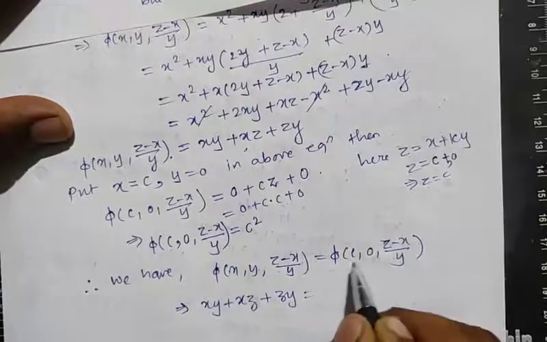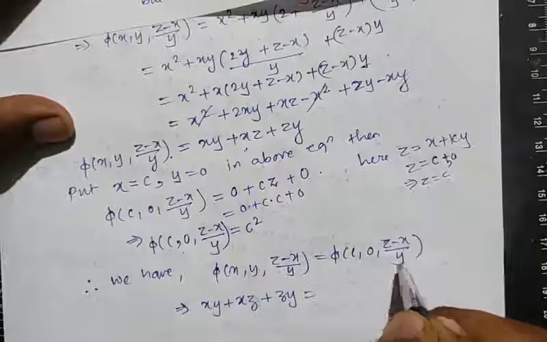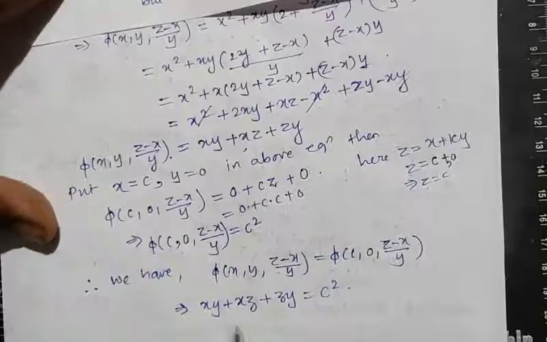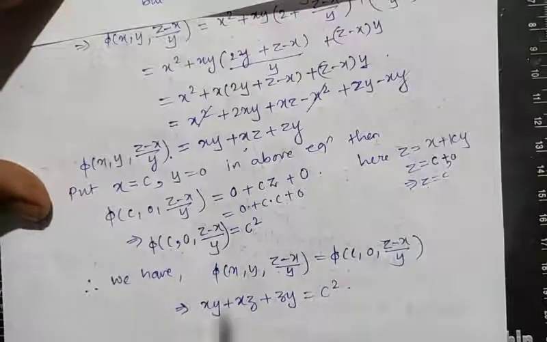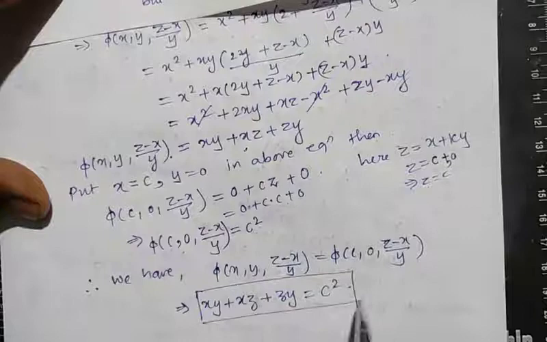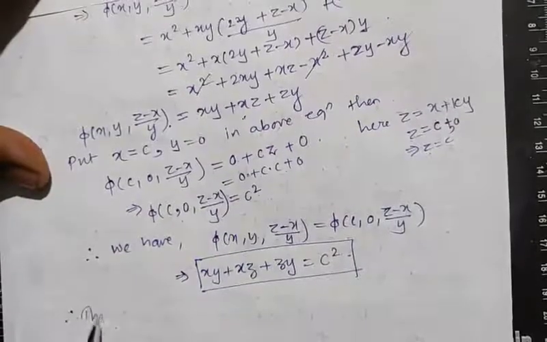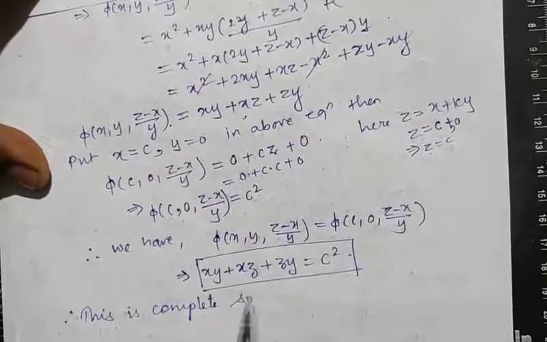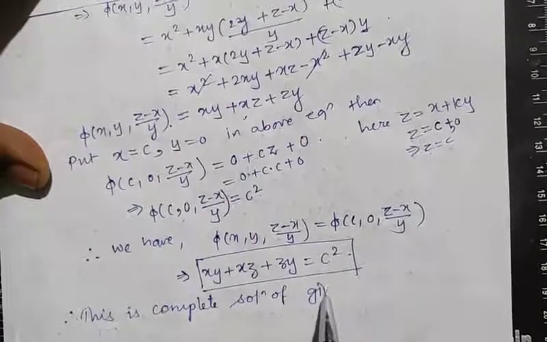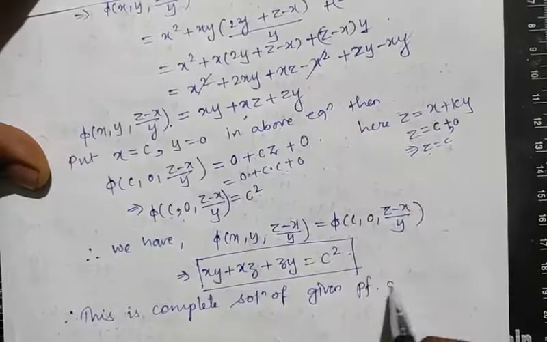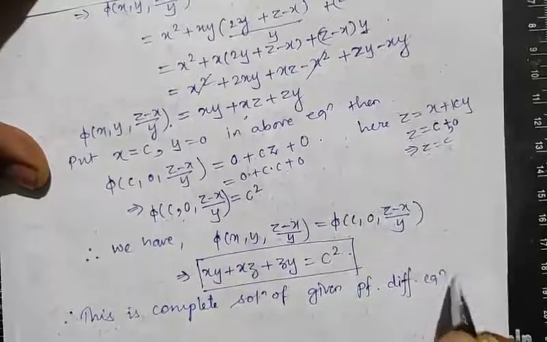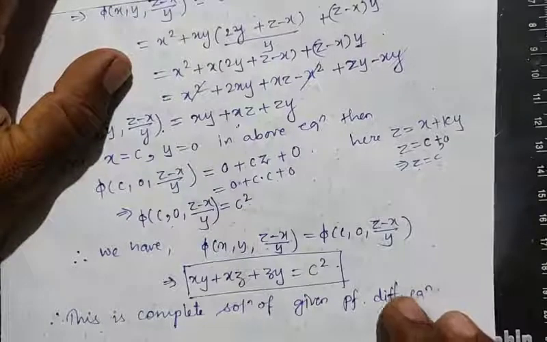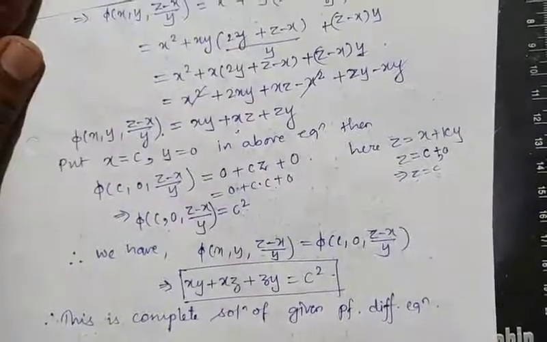And phi of c, 0, z minus x upon y is c square. Therefore this is the complete solution of the given affine differential equation, and this is the required solution. Okay, we will stop here. Thank you.